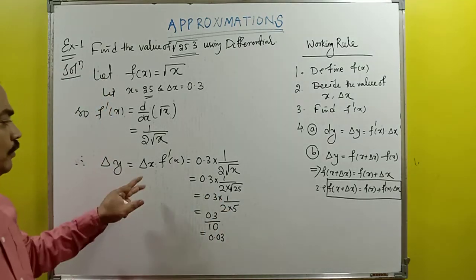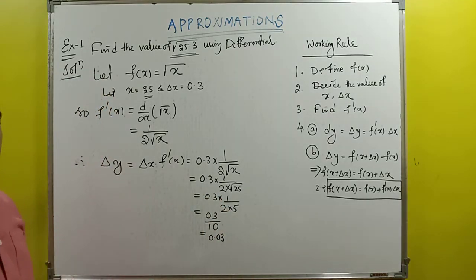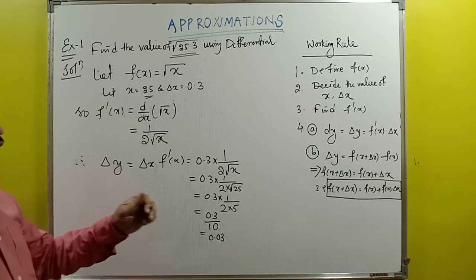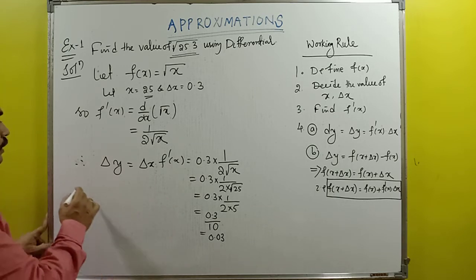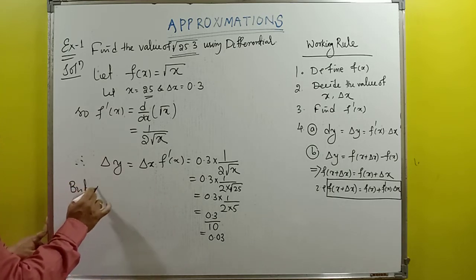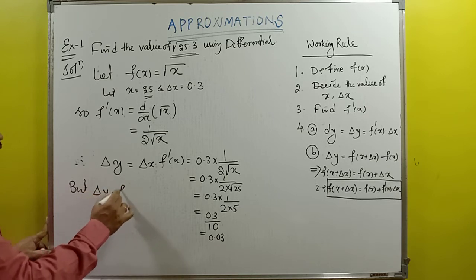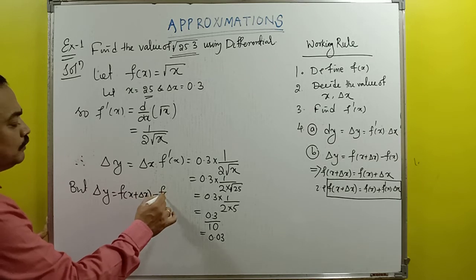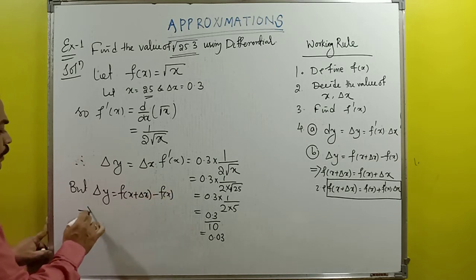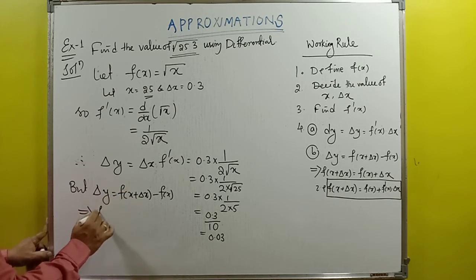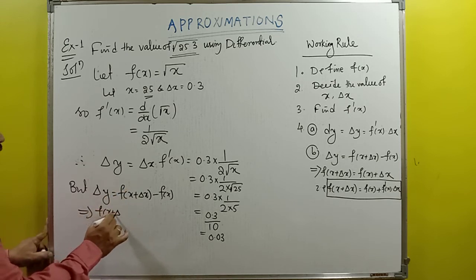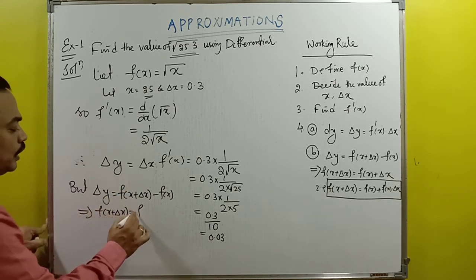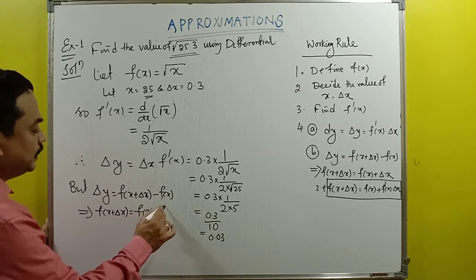This is the value of del y you have got, but we require to find root 25.3. We know that del y is equal to f of x plus del x minus f of x. So this implies f of x plus del x is equal to f of x plus del y.